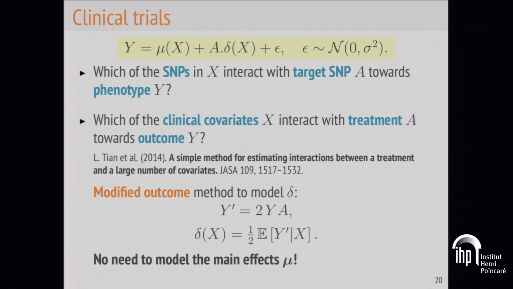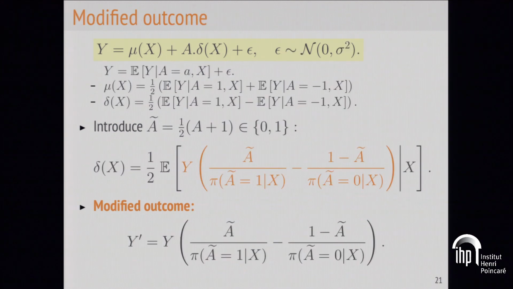So we thought we're going to do the same thing. And so we looked into the computations that drove them to this modified outcome and to this equation. That's where things got a bit complicated, because this comes from writing y as the expectation of y given a and x, and this can be decomposed in this product.